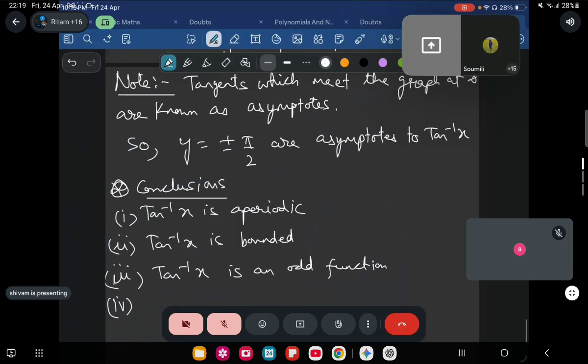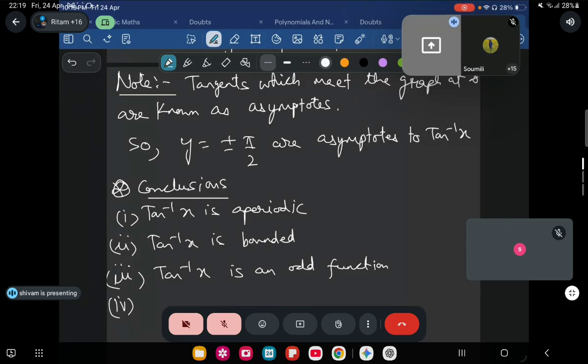Number 4. Is it increasing or decreasing? Tan inverse x is an increasing function. Next, number 5. Over here, you won't get any vertical tangent.